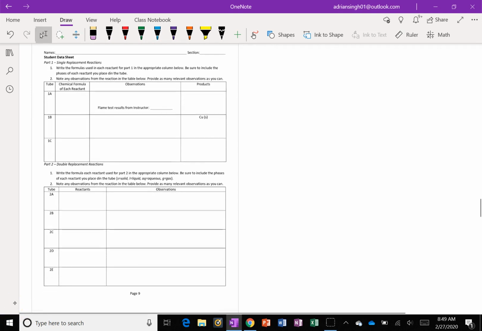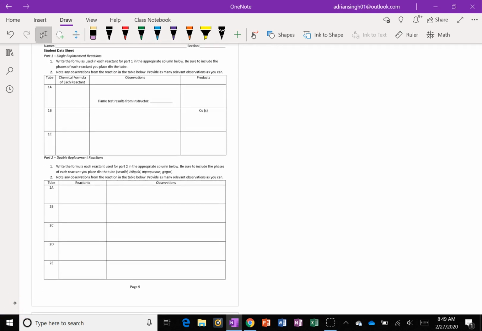Then for the actual data that you collected, for the single replacement reactions, hopefully you wrote down the formula of each of the reactants. They were on the labels on the vials, and then you made your observations. What did you see? Bubbles, solids, etc. Then you want to describe the products. What were the products that you actually saw? Did you see a gas, for instance?